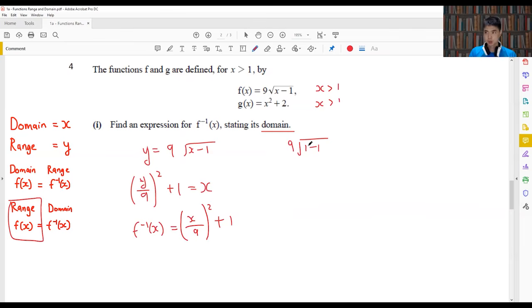Then you would end up with the square root of 0. Square root of 0 multiplied by 9, the range would have been 0 in this case. So the domain for f inverse x would have been when x is more than 0.